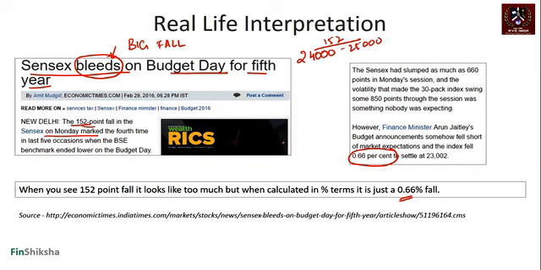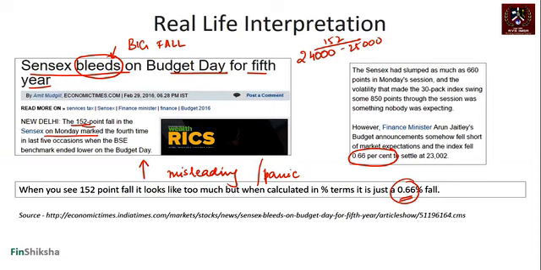Someone who's advising others on investment needs to understand that a lot of your clients, or investors, would possibly be reading this news item. And this appears to be a little bit misleading because it gives the impression of a panic, right? Or a huge fall. But the reality is the fall was just 0.66%, which is a very normal course of action for any asset class, any instrument during a day, right?